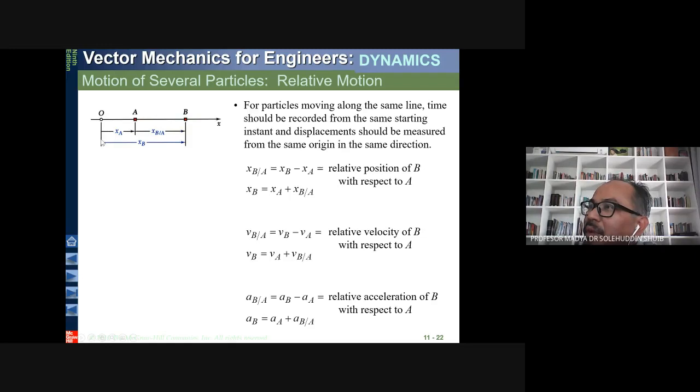So we have here particle A, and then this is particle B. Starting from here, we measure here, we have xA, and then from the same origin, from here to here, this is xB.